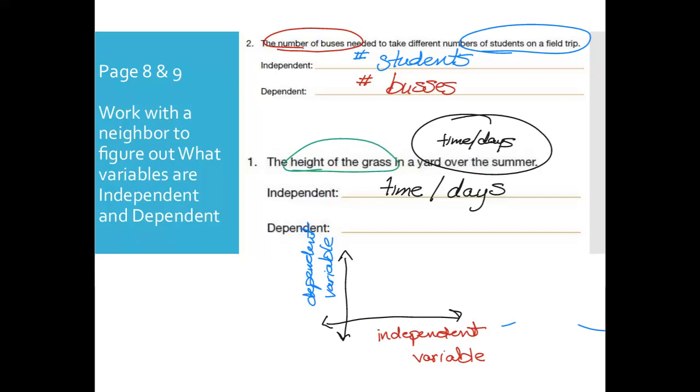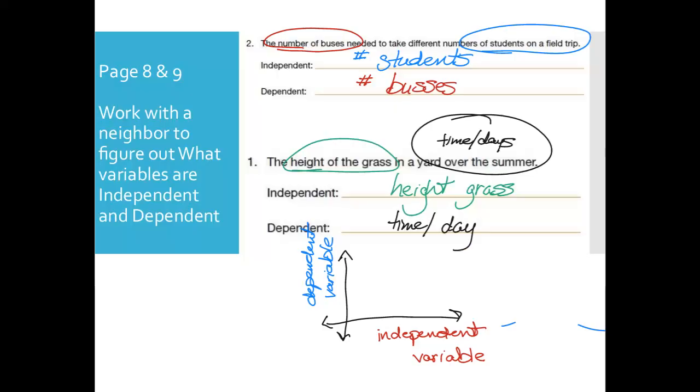It really doesn't matter. It doesn't care what day it is. It's growing either way. Okay? So I would tend to say that yes, it is the height of the grass. The height of the grass is going to determine what time or day it is in the summer.